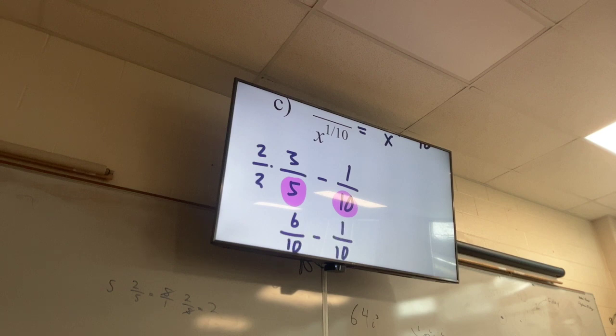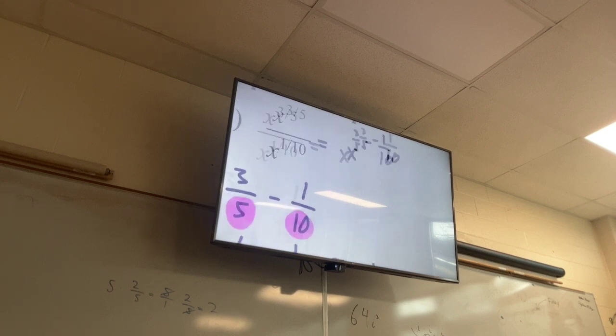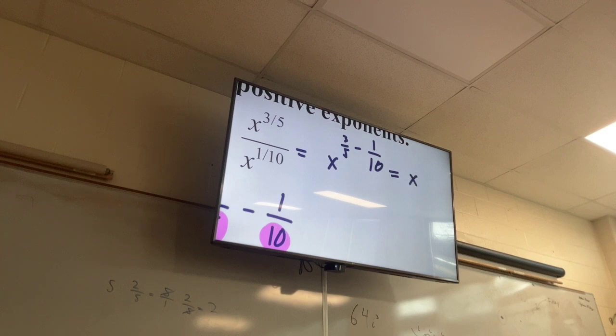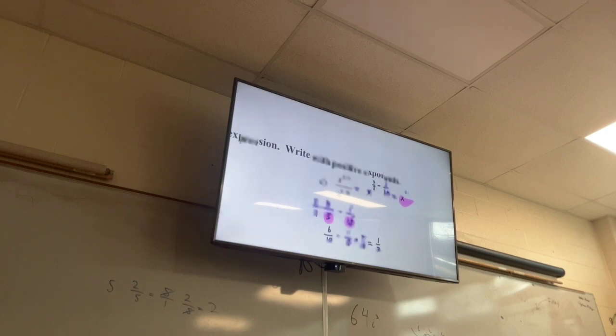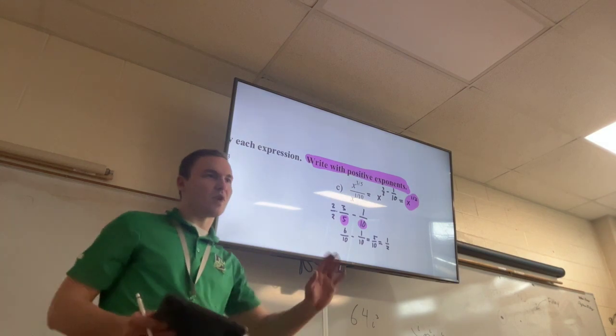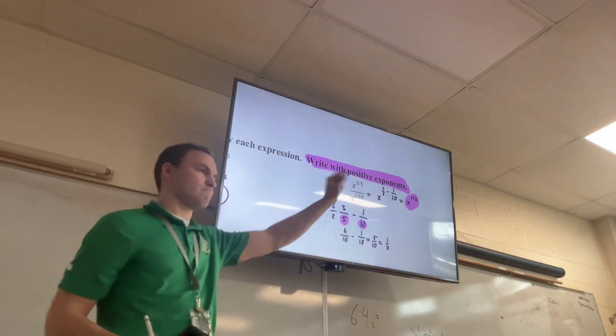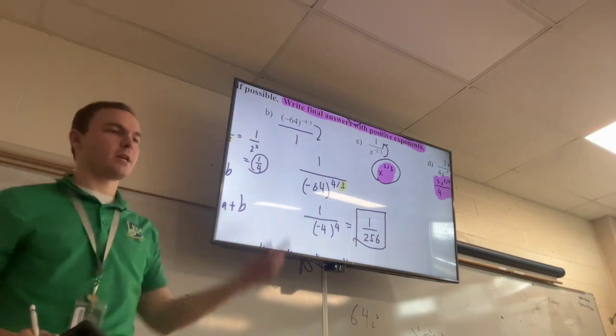What's that? 1/2, I subtract the numerators. So this becomes x to the 1/2. Remember to read your directions, with positive exponents. So that's my final answer. If they wanted it in radical form, it would be the square root of x.